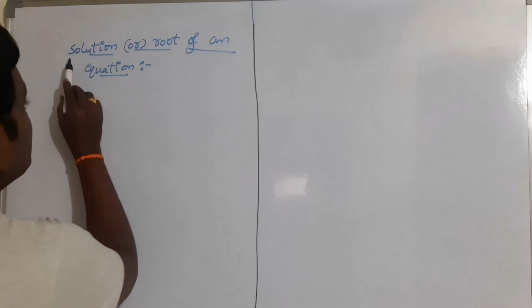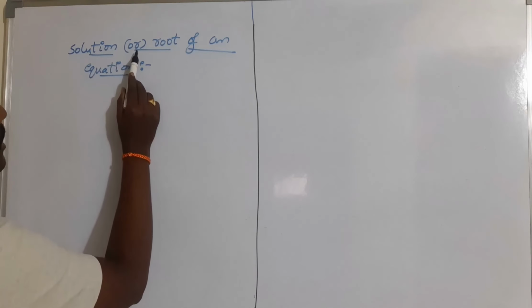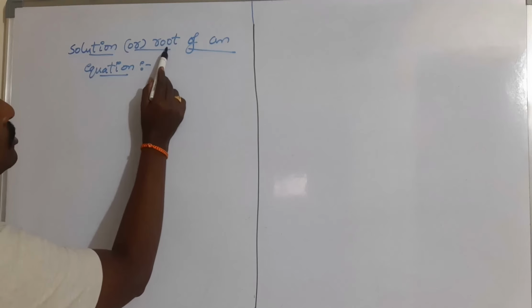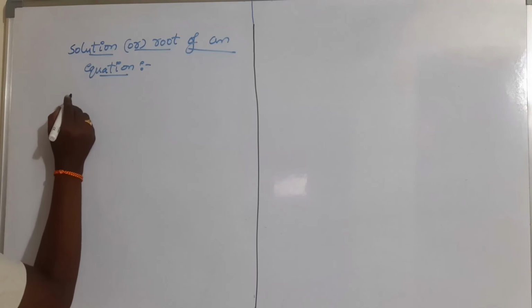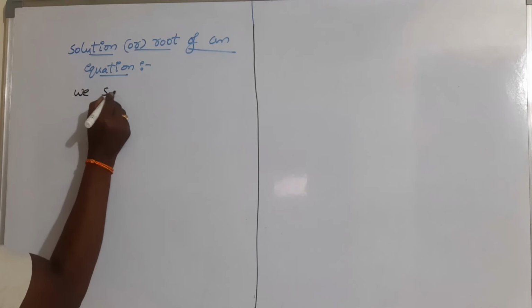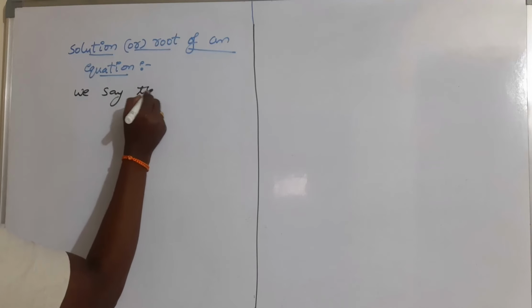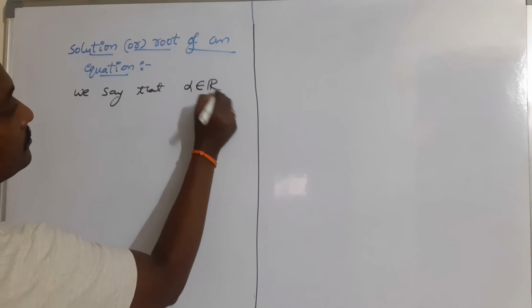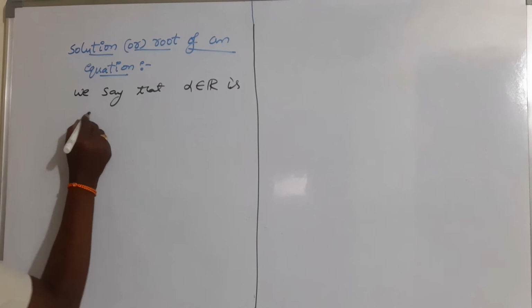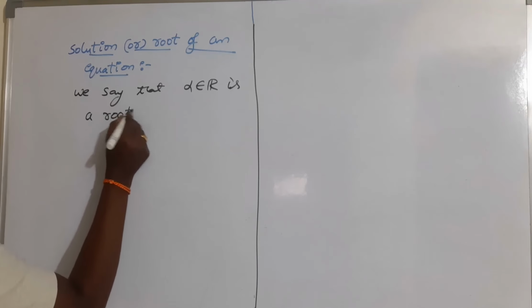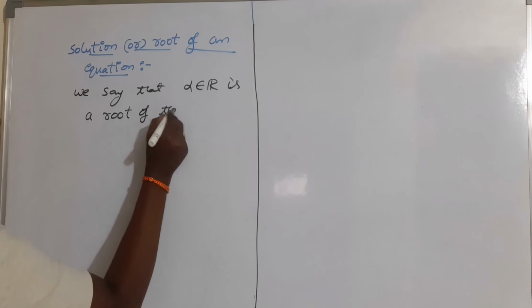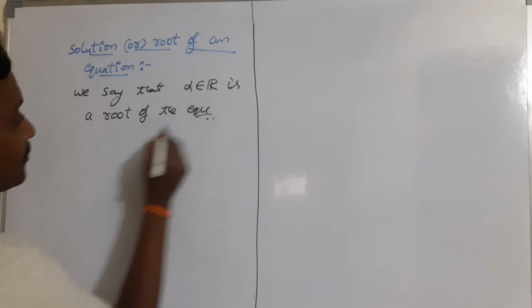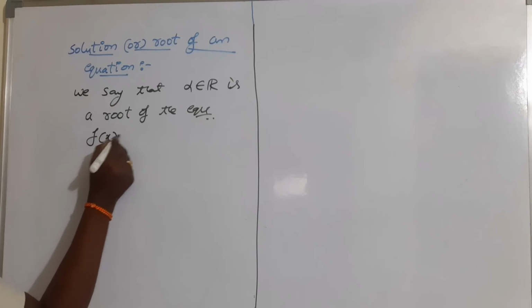Now we are going to discuss the solution, and another name for solution is root of an equation. We say that a real number alpha is a root of the equation f of x is equal to 0.